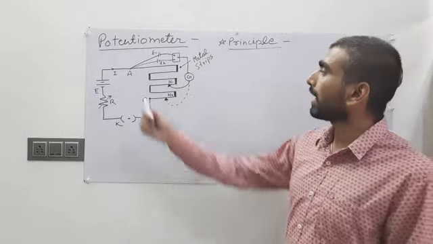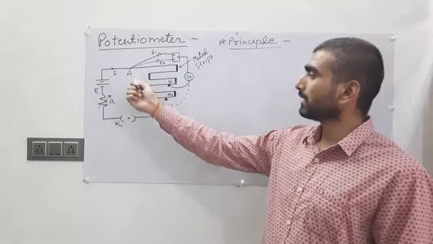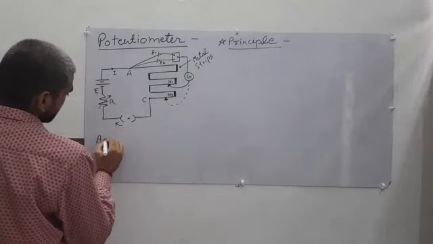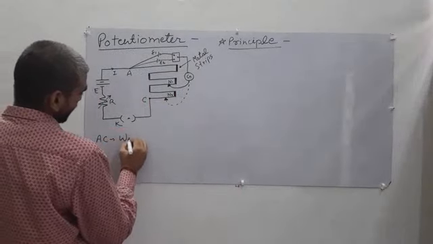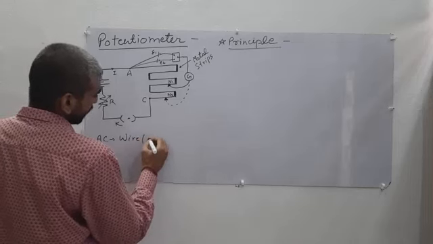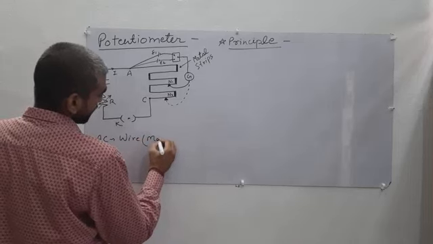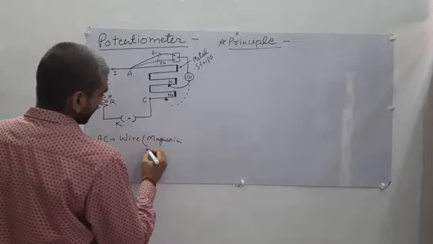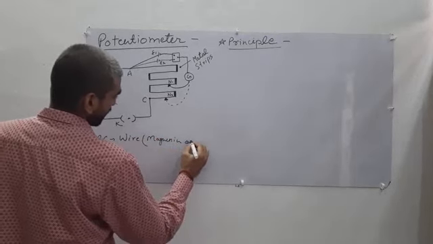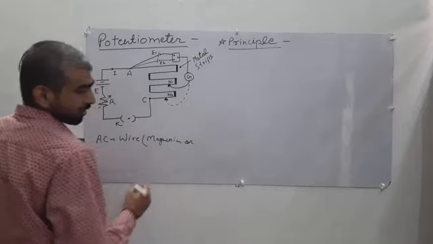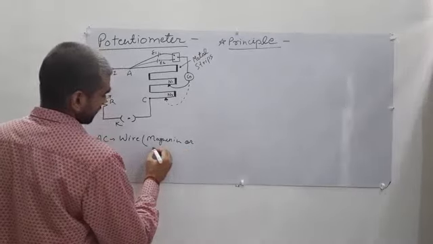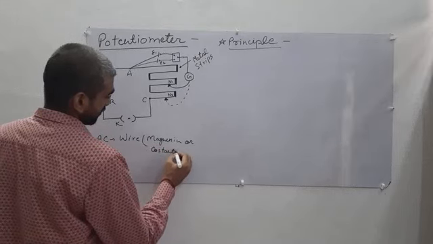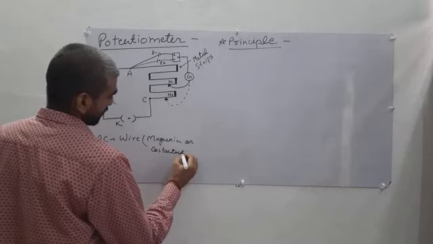So the wire is AC, and AC is a wire which is made of manganin or constantan.